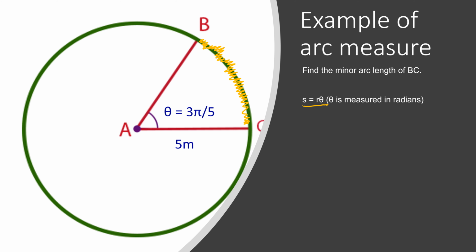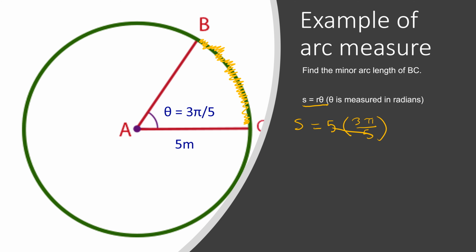S is typically the letter used for arc length. Why, I don't know, but you'll see this pretty frequently in formula sheets. So my arc length is my radius times the angle measurement in radians, so that's 3 pi over 5 for my angle.